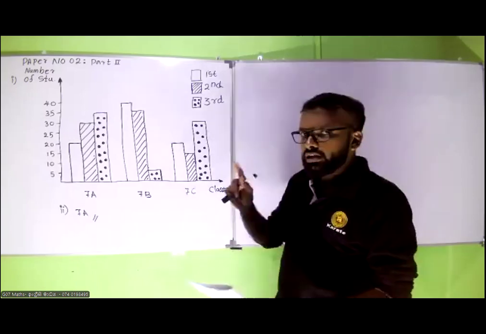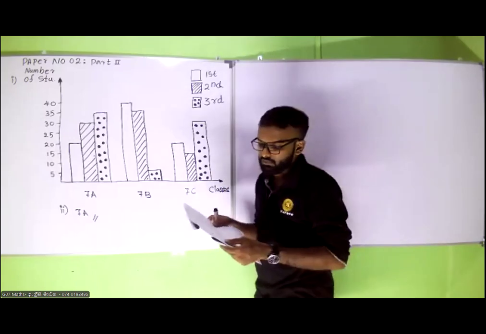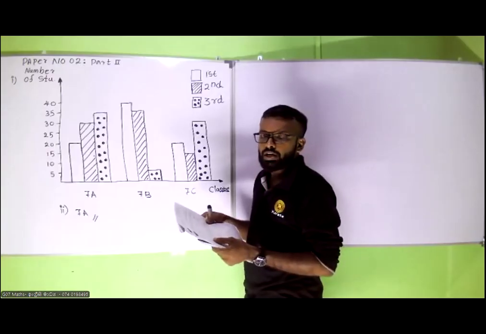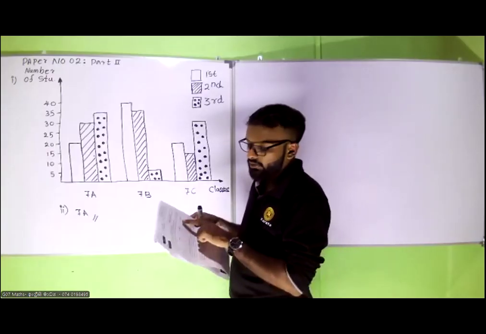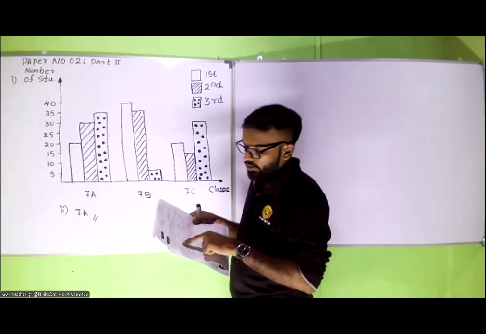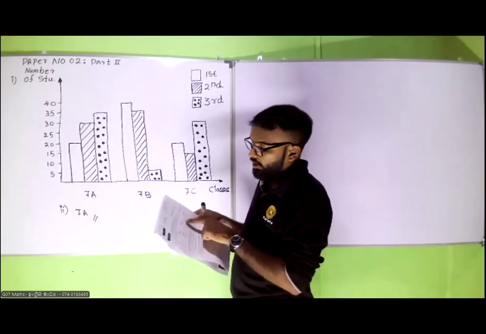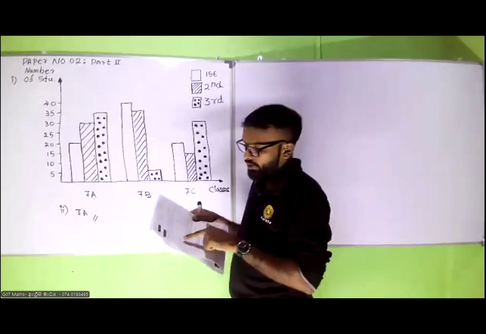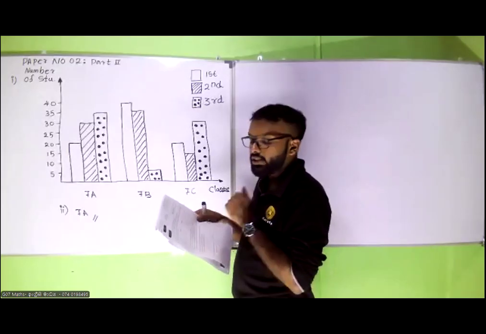So for that, you have to add the values together. 7A class, first week 20, then 30, 35. Then 7B class, 40, 35, 5. Then 7C class, 20, 15, and 30.